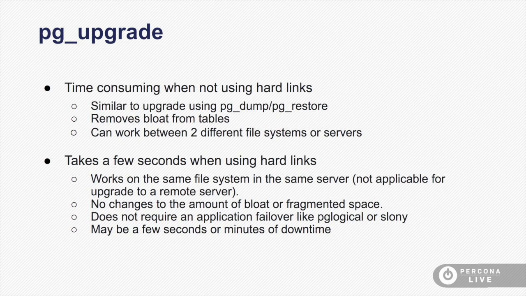All that would not be gone, but that's one of the easiest and the fastest options. You just need to install the latest Postgres binaries and use the latest pg_upgrade and say pg_upgrade -k, right? That's the option that you could use for using hard links. You could just upgrade it on the fly. It's just a few seconds of upgrade, right? It takes a few seconds, and you could just go ahead and proceed with the migration.